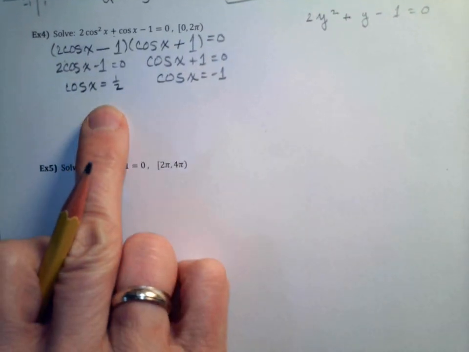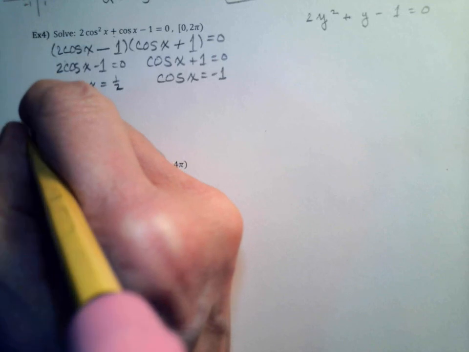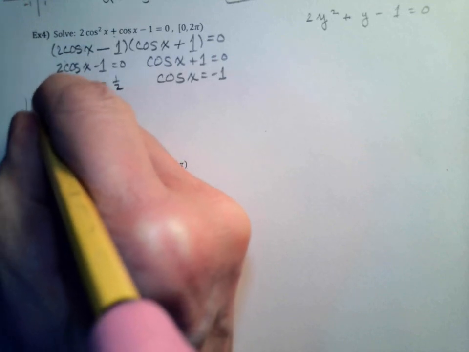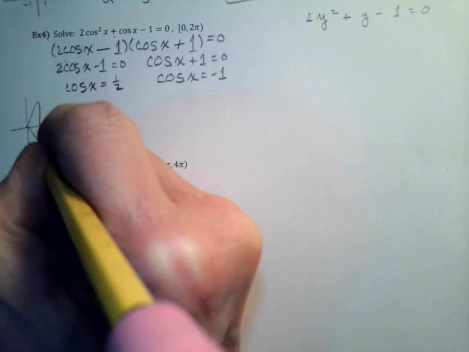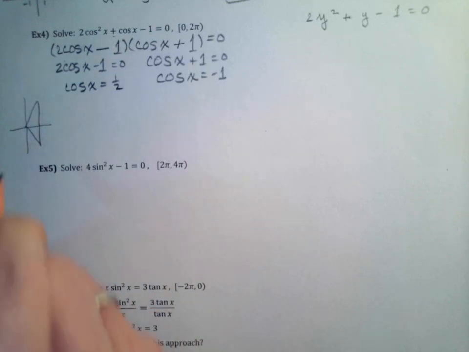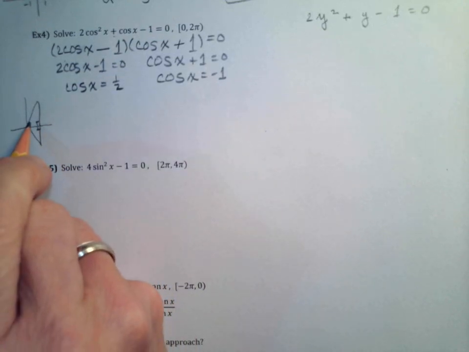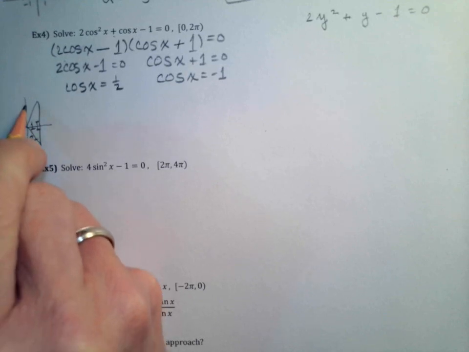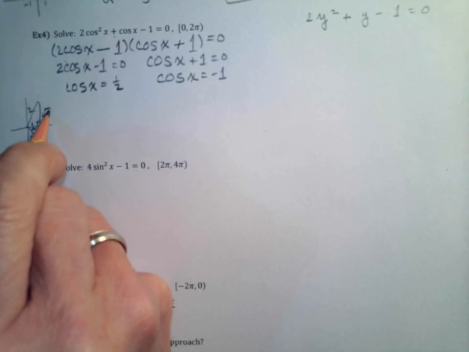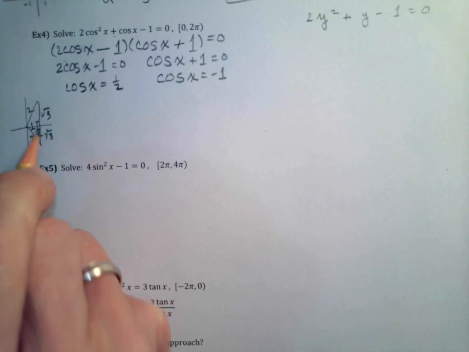So cosine, where is cosine positive? Cosine is positive in the first and the fourth quadrants. And so this will be a 1, this will be 2, and 2, square root of 3, negative square root of 3.